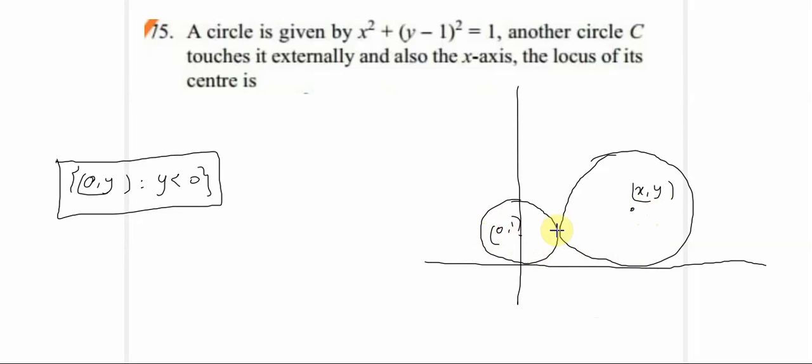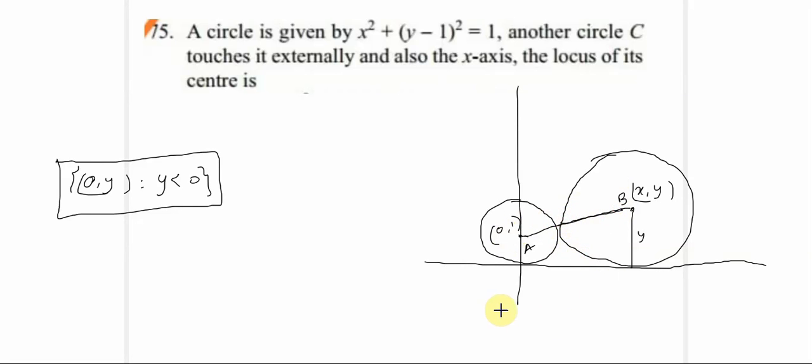Since it's touching externally, we know this distance, I'll call it AB, is the radius of this circle plus the radius of the other circle. The radius of this circle is 1, and the radius of the bigger circle is, if you draw this line, just the y coordinate of the center, which is y.